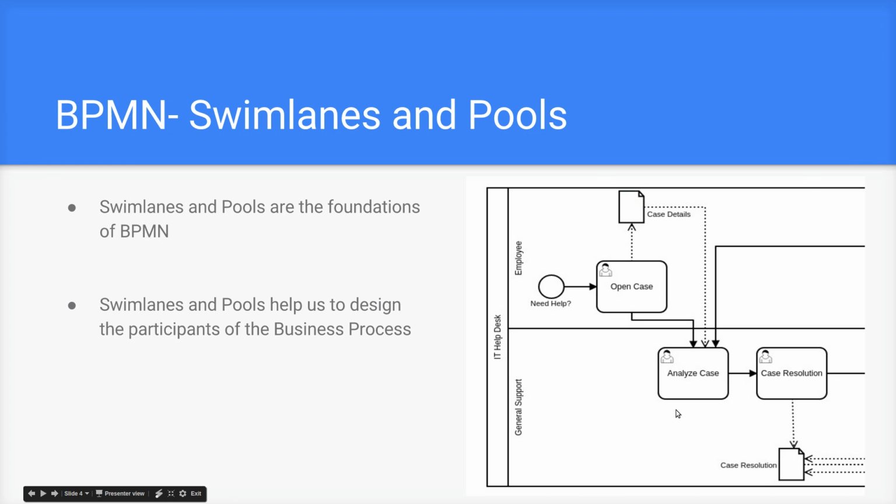If you take this image on the right side, we will come to it also later in the presentation, but if you look here, this is called the pool and it has a name called IT help desk, and this division contains two swim lanes, one for general support and one for employee. So what it means is this is designed for the participants of IT help desk, and it has two participants, one is general support and one is employee.